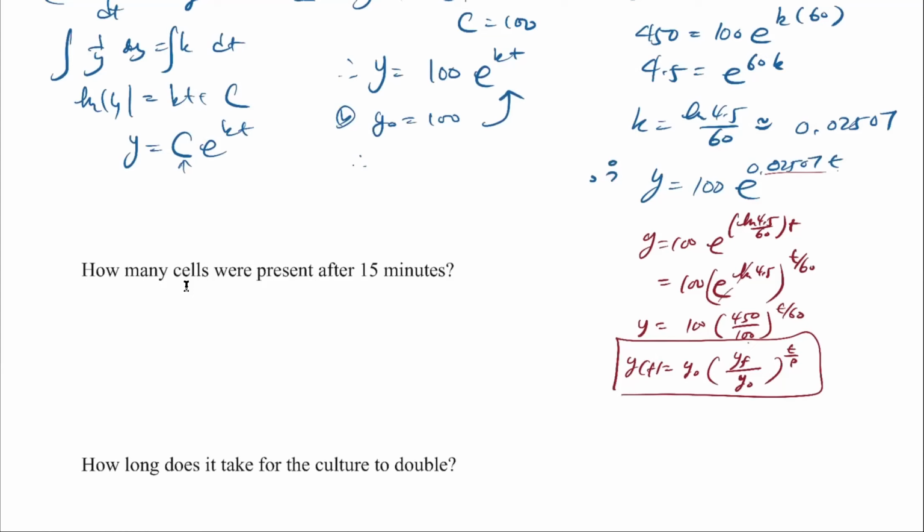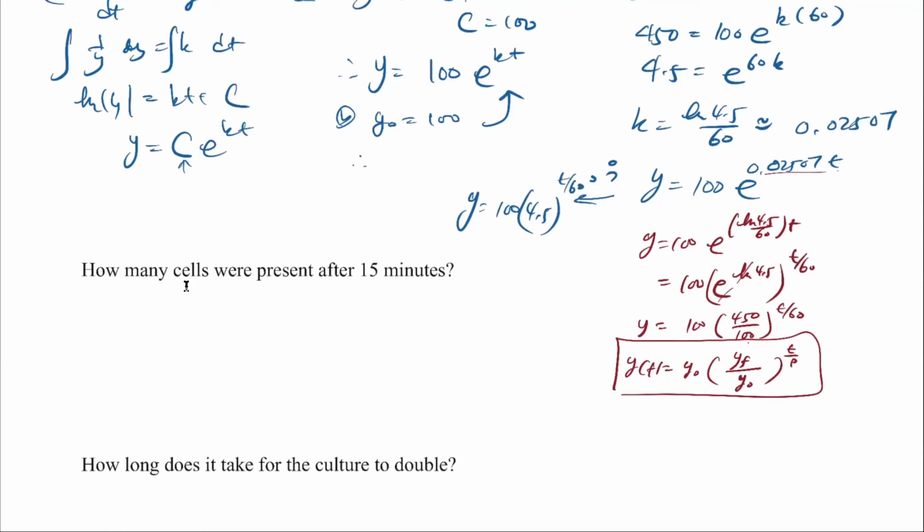Anyways, we could use this value 4.5 if we wish. So y is equal to 100 times 4.5 to the power t over 60, the ratio is 4.5 every 60 minutes.